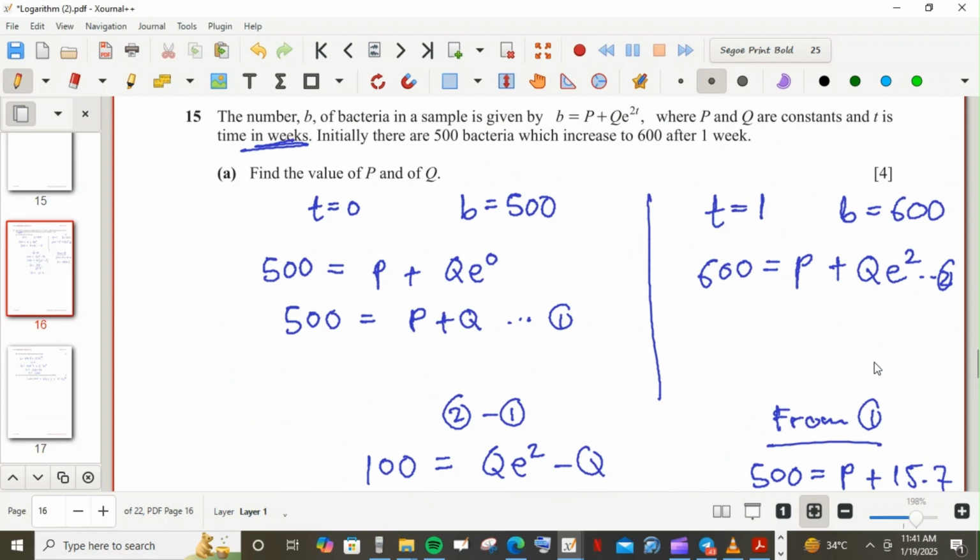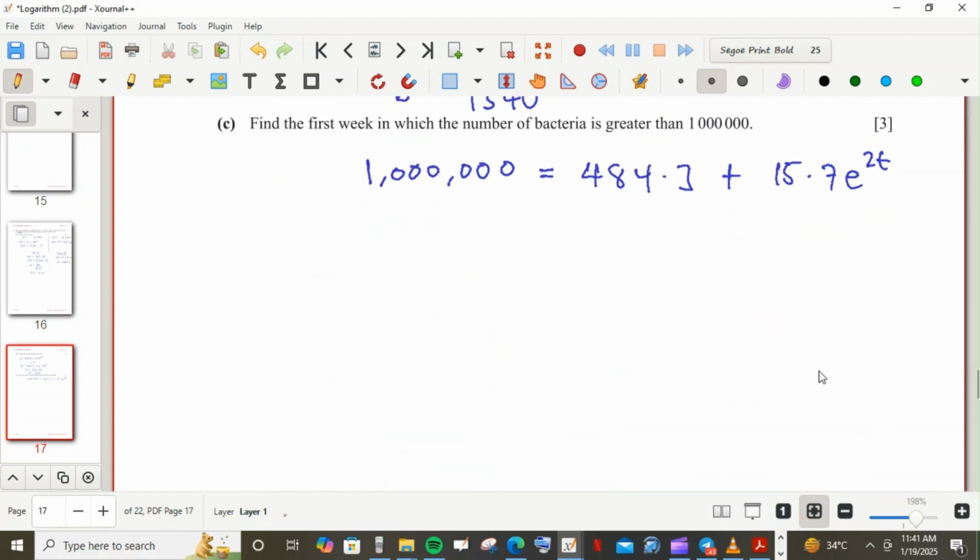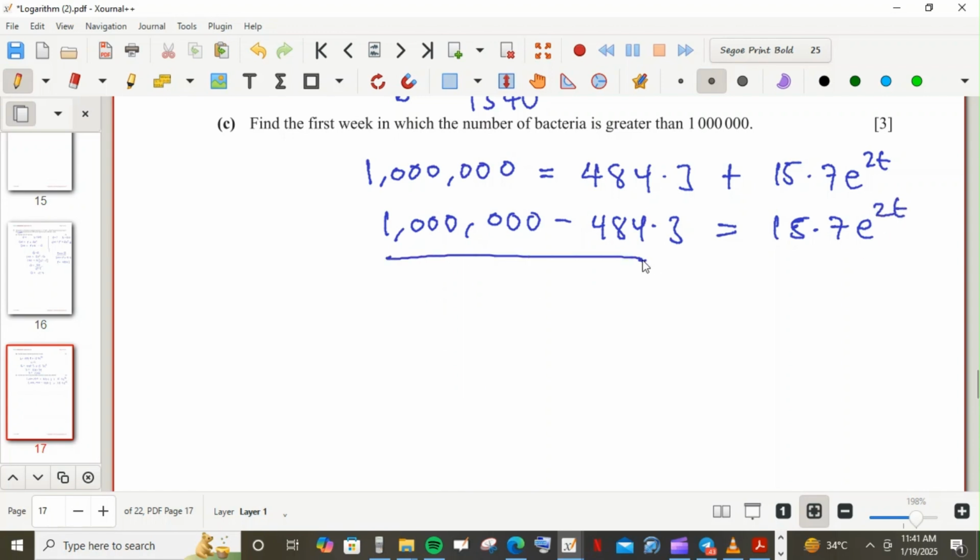Have you seen? Yes. This is why you learned exponential equations, so that you can apply it here. So this 1 million, I made this one come here minus 484.3 is equal to 15.7 e to the power 2t. So let me divide both sides by 15.7.